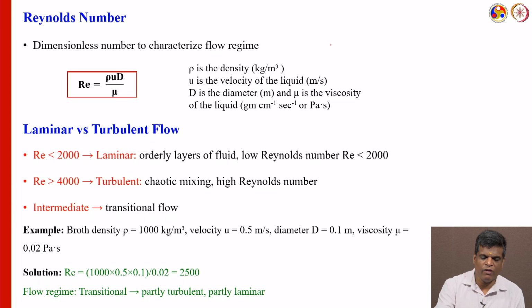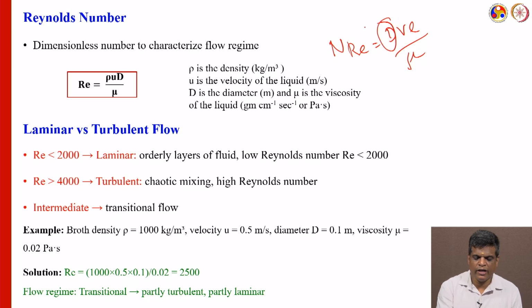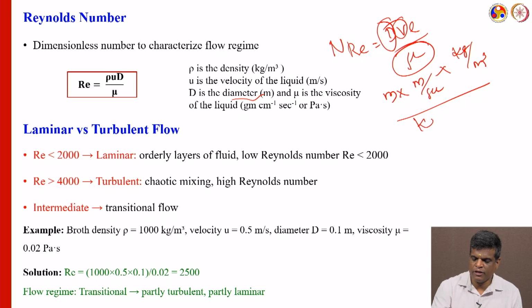The Reynolds number we always write as NRe equals D V rho by mu. D stands for the diameter, the unit is meter; V is the velocity, in meter per second; the density is in kg per meter cube; and mu is the viscosity, in kg per meter second.